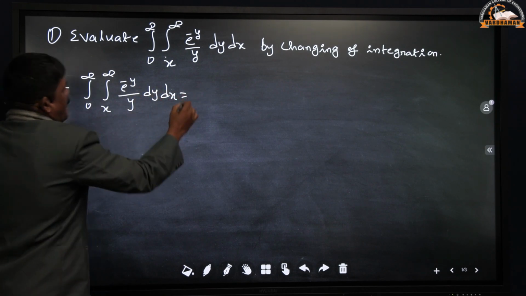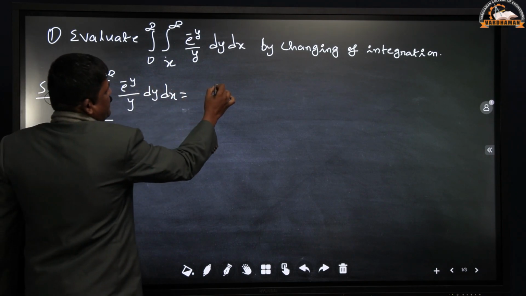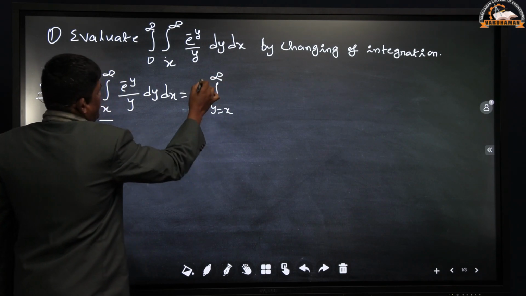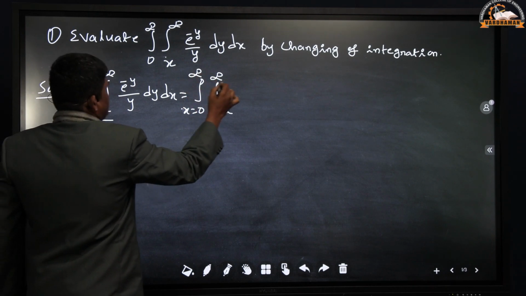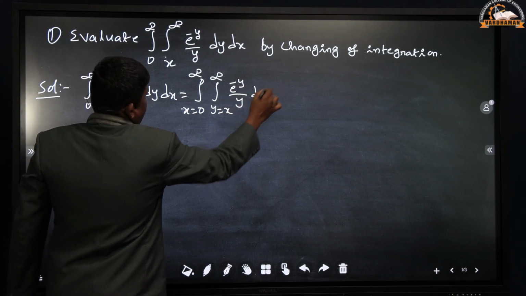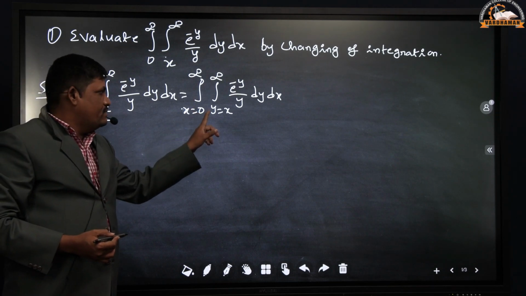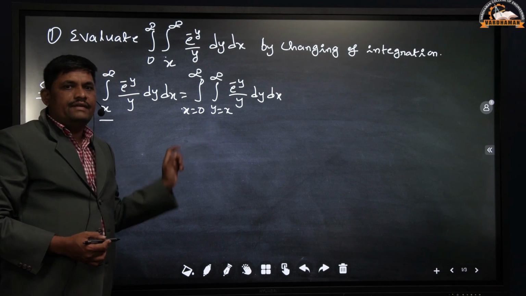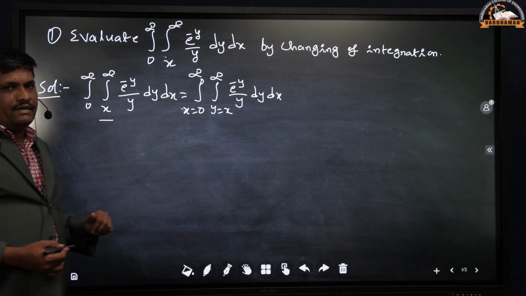Here, for the inner integral, y goes from x to infinity, and x goes from 0 to infinity. Now x is constant in 0 to infinity, and y is in the limits of x. After changing the order of integration, it will reverse: x in limits of y, and y in constant limits.